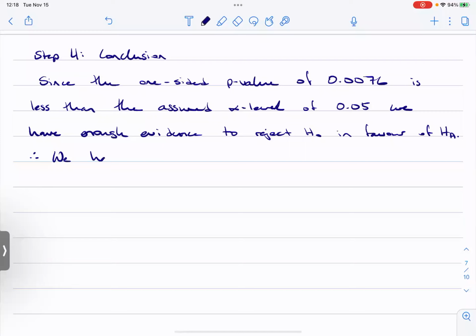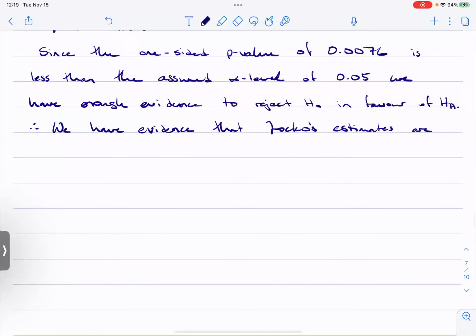Therefore, we have evidence that Jocko's estimates are significantly higher than the trusted garage.